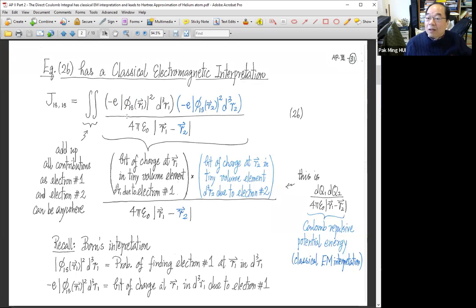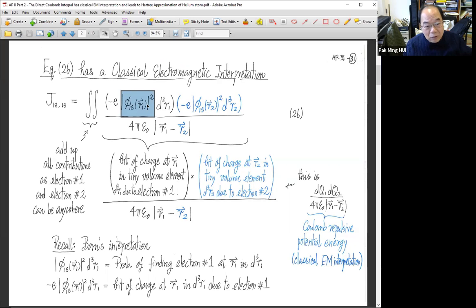Now, these are single electron wave functions. Therefore, let's interpret what is in this bracket. This thing is the probability of finding electron number 1 in the position R1 in a tiny box, a so-called volume element, just a tiny box of this size.